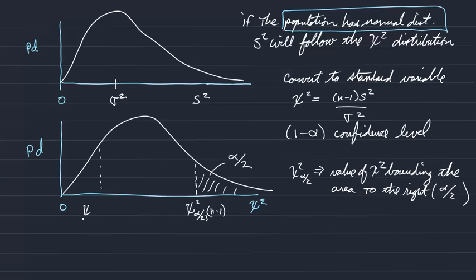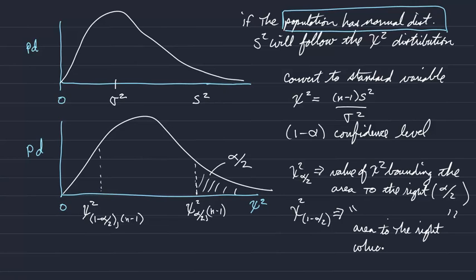And on the left-hand side, this is chi-squared sub 1 minus alpha over 2 for given degrees of freedom, because chi-squared 1 minus alpha over 2 is the value of chi-squared bounding the area to the right, which in this case is 1 minus alpha over 2.